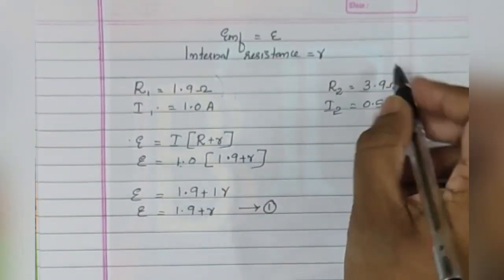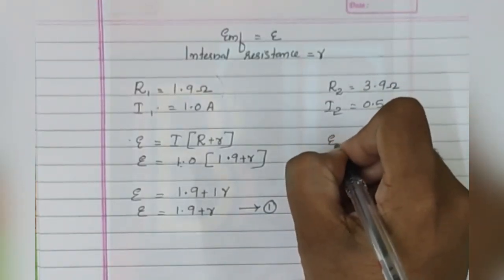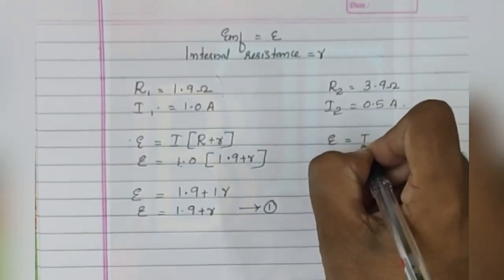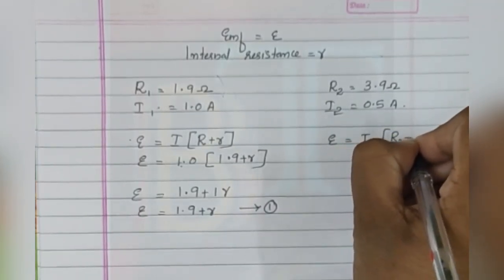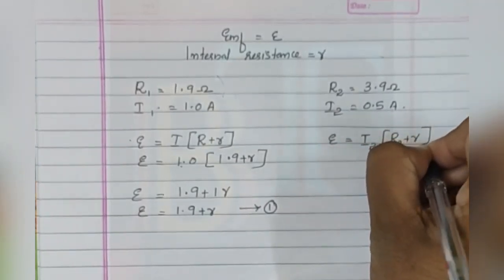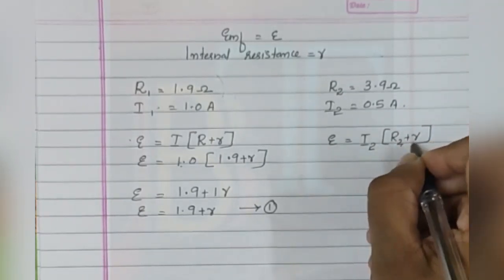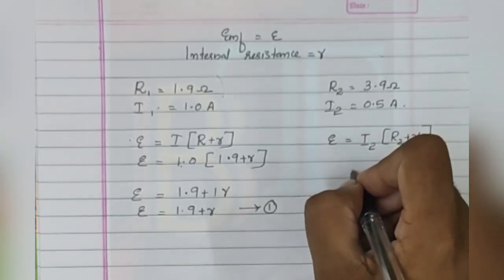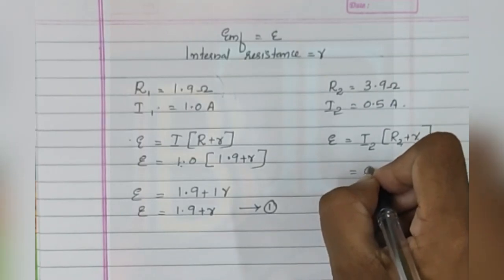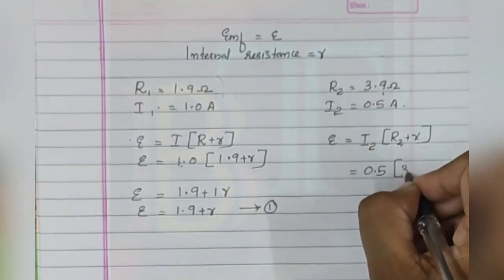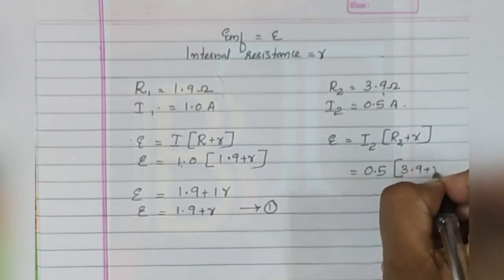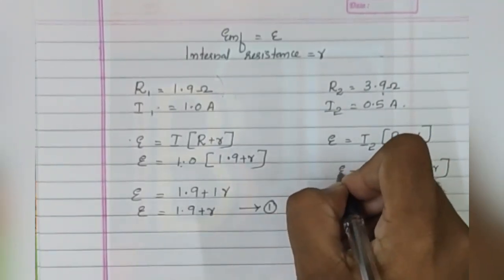In the second case, EMF is equal to current I2 into R2 plus r. That is, current into external resistance plus internal resistance. Here current is 0.5. So 0.5 into 3.9 plus small r is EMF.